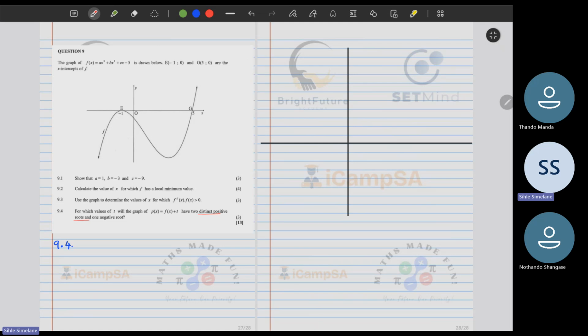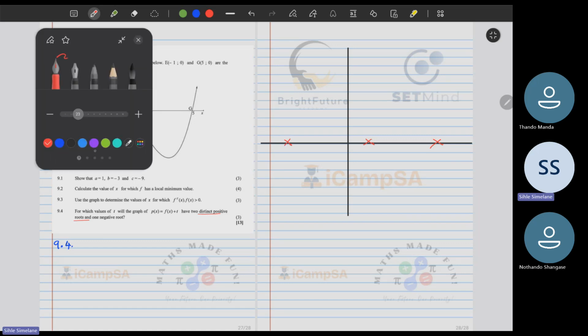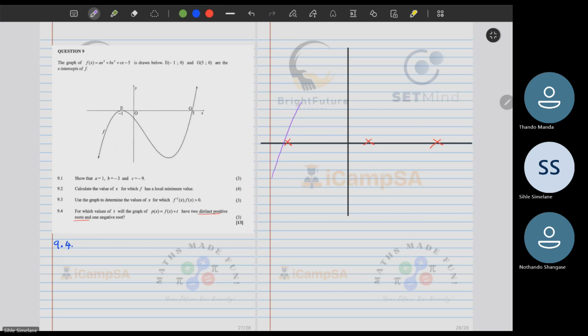What does that mean? It means that our graph must cut the axis twice. And then it must have one negative root, meaning it must cut the axis once. So essentially, we want our graph to be something like this. It's like that, and then it goes like that. That is what we want. And now the question comes, let me try that again. It's terrible.